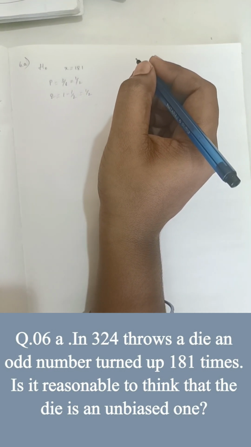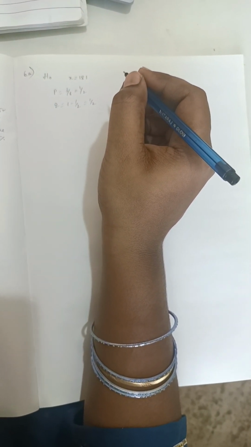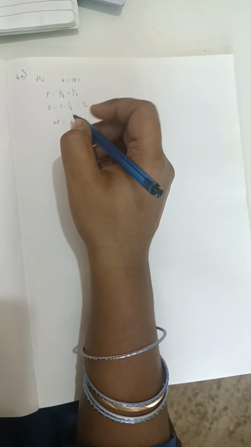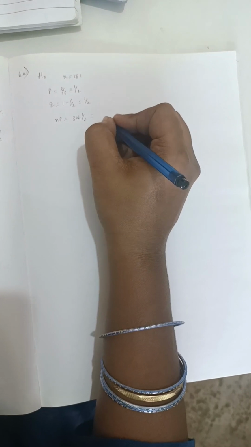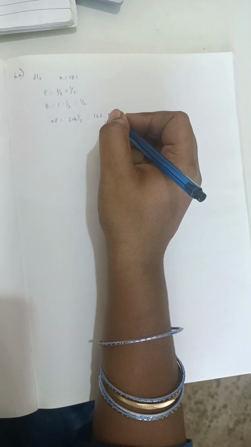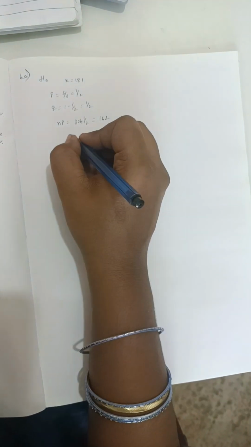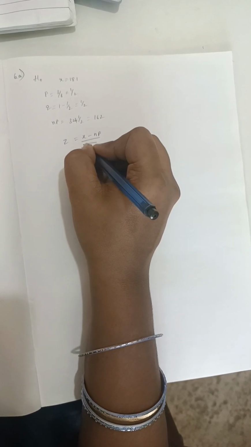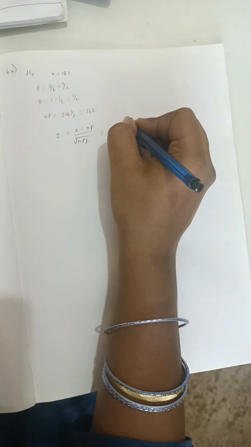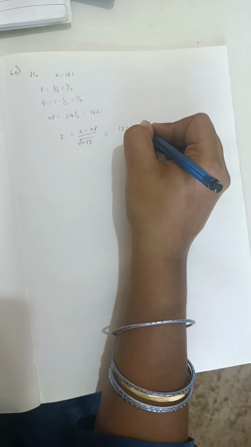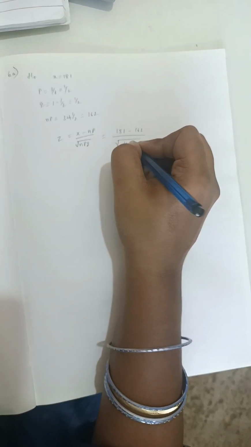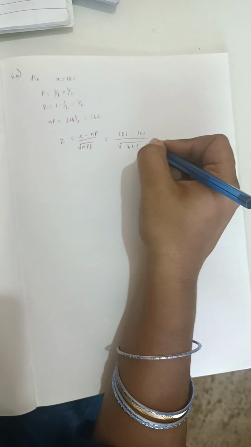Then the actual number of successes when the die is thrown 324 times means np, where n is the number of throws and p is 1 by 2, so 162 will be the actual number of successes. Then the formula z equals x minus np divided by square root of npq, where x is 181, np is 162, and q is 1 by 2.